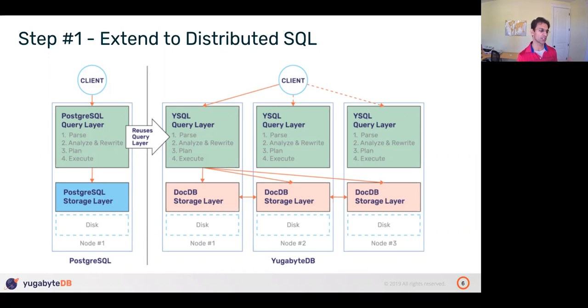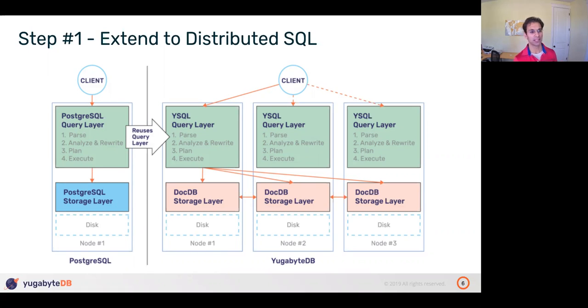And this storage layer, as we talked about in the previous diagram, is inspired by Google Spanner and is called DocDB internally inside Yugabyte. So now every node of the query layer can talk to any node of the storage layer, and the storage layer replicates data and behaves like Spanner, right? So that's what makes it highly available. But one downside of this approach is that you have to keep shifting all the data to the node that's handling the queries, right?